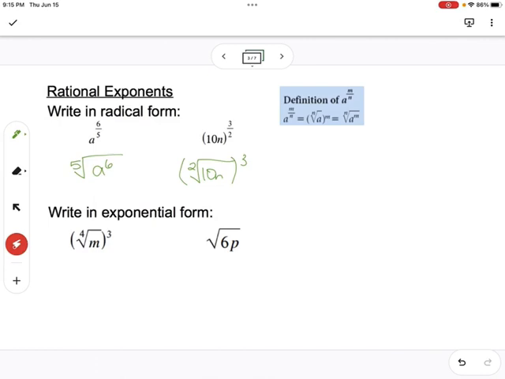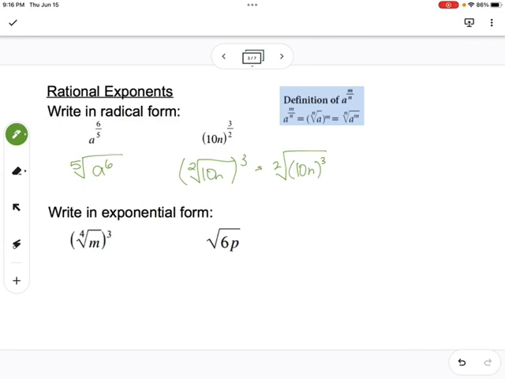We can have it in a bracket where we would have the 6 outside of the bracket, or you can have it where the exponent is underneath the root. Just making sure that that exponent goes to all parts of what is under the root. So under the root, we would need to have a bracket around the 10n to then have the cubed beside it. I'll write that one as well. Okay, those mean the same thing.